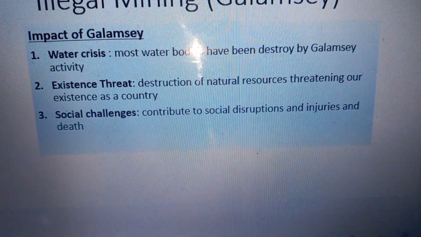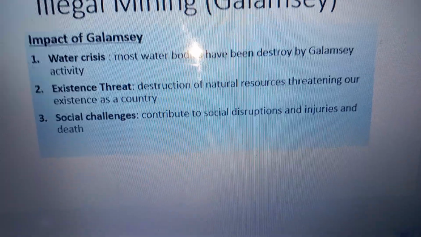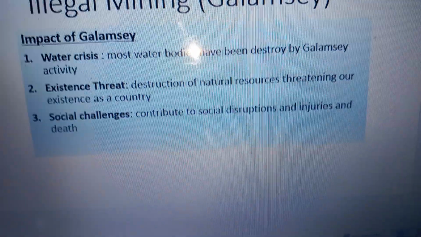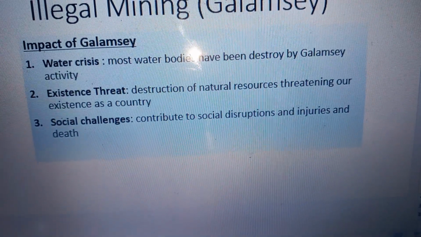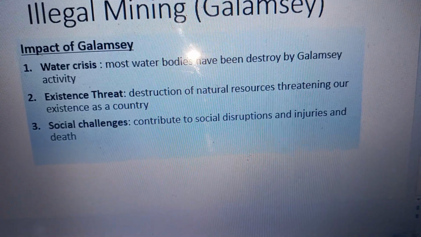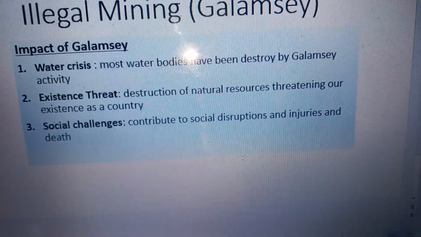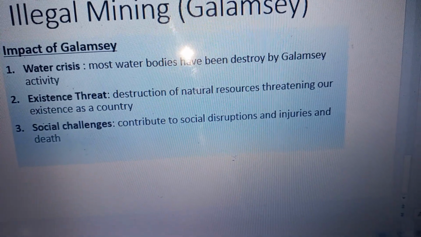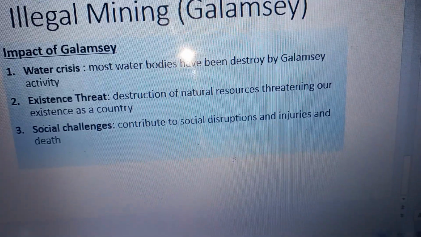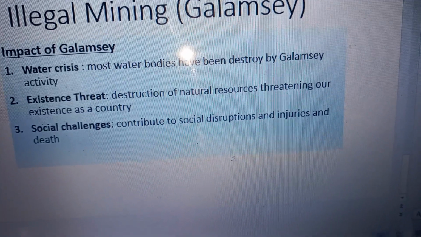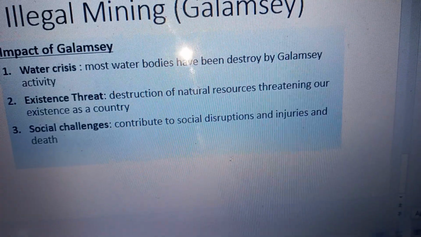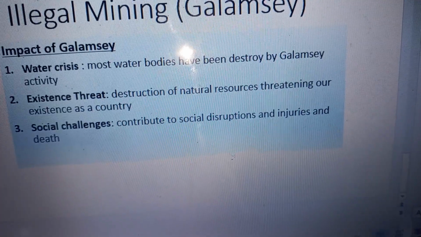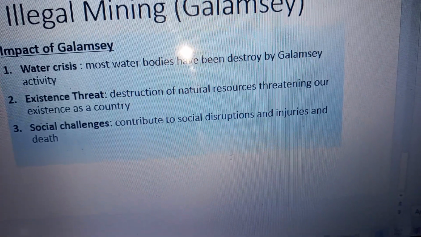Most of the people who work in illegal mining sites use chemicals and drugs, so most of them are drug addicts, and it's costing their lives dearly. Most of them also get injured through illegal mining, and sometimes some of them even die as a result of heavy landslides that occur at the illegal mining sites.